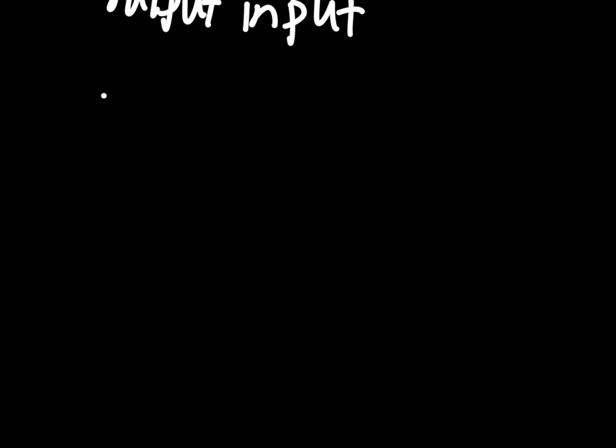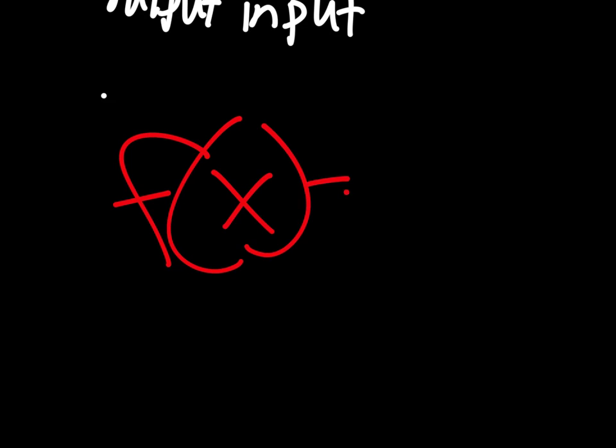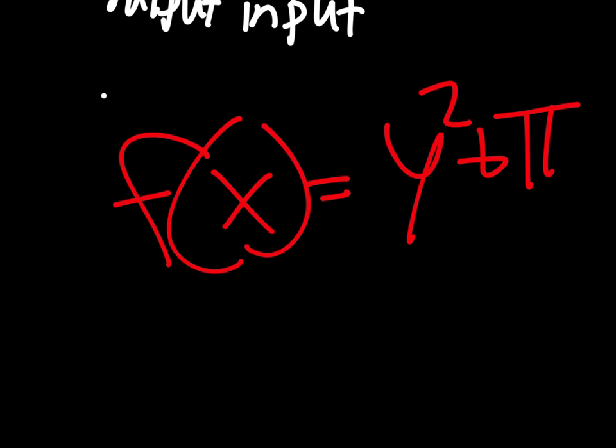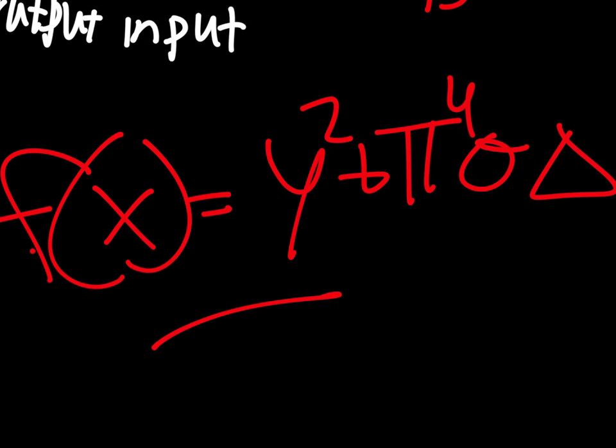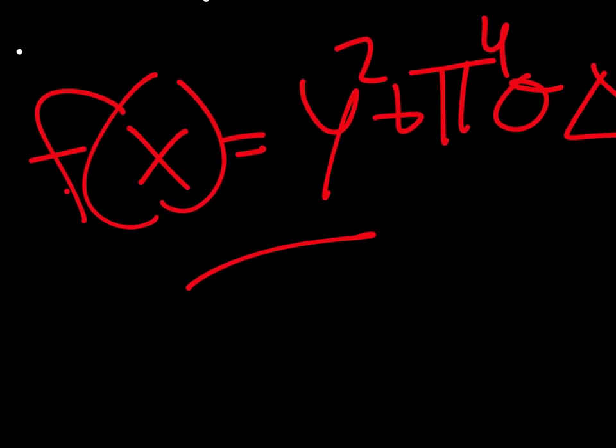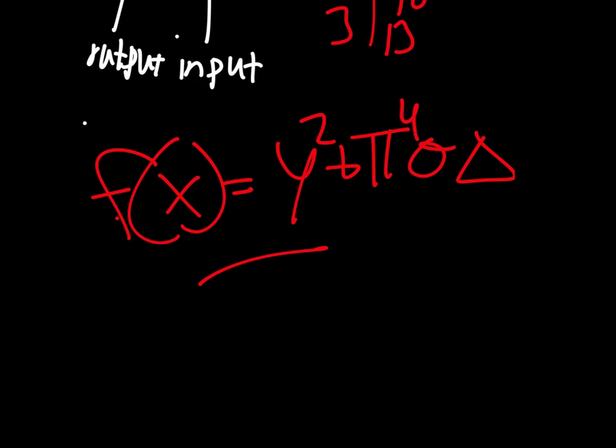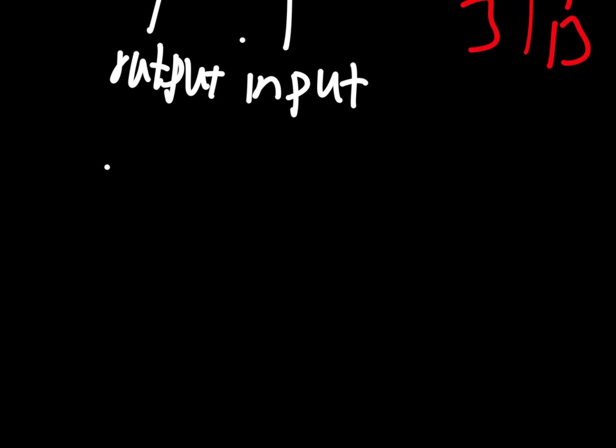You have a whole bunch of different phrases, equals y squared plus pi to the fourth, and then you have theta and a triangle and all this. So you have all this, and you're like, oh my god, I don't want to do math, right? So you have all this and you're confused, right? But it's not even that bad, because what I'm about to explain is going to make it all right.